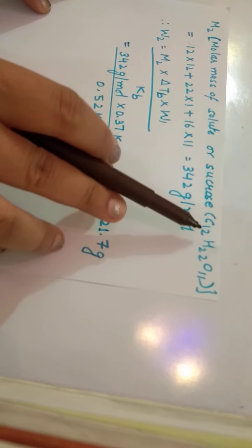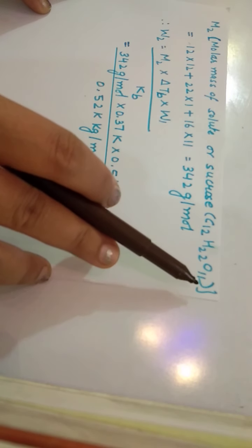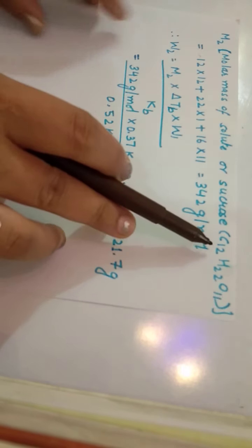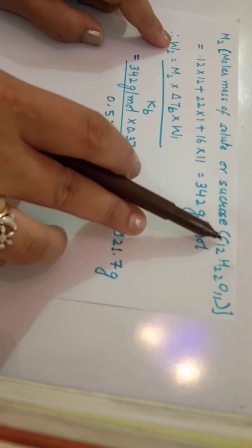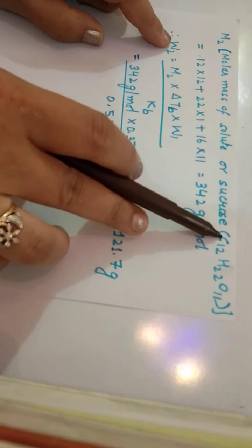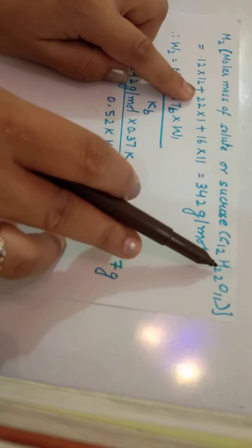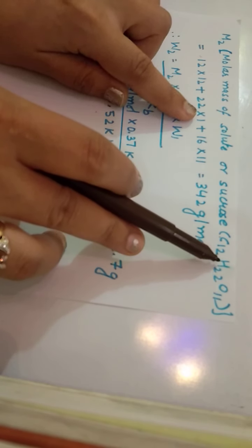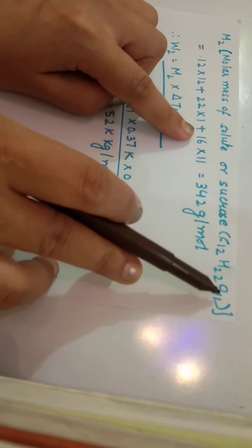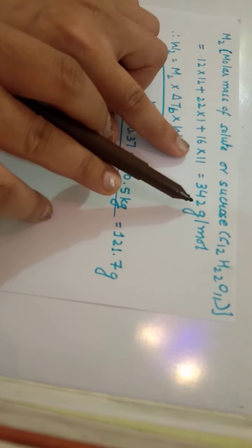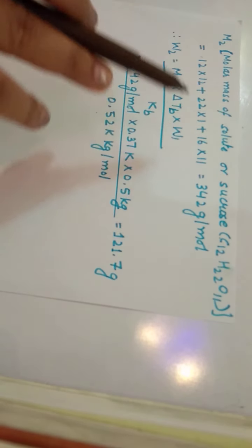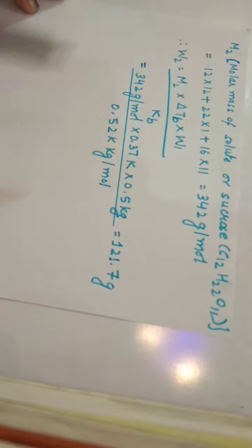The formula for sucrose, children, is C12H22O11. So we know how to find the molar mass: 12 into atomic mass of carbon, 12, plus 22 into, for hydrogen it is 1, plus for oxygen it is 16 into 11. So it came out to be 342 gram per mole. So this is the value of M2.